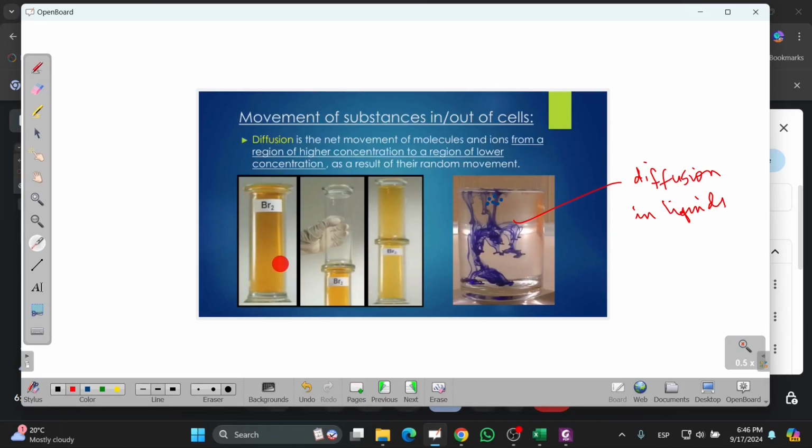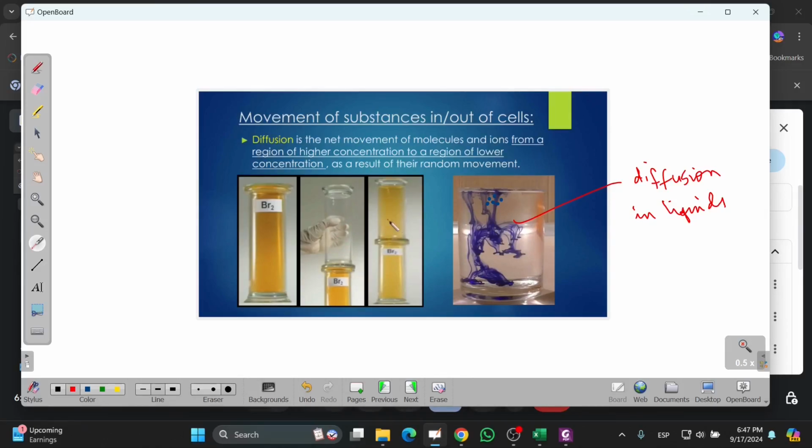If we take a similar container and put it upside down on top of this one, and remove the glass lid, in such a way that the gas can move upwards, we will see this eventually: kind of half of the gas would have diffused upwards from a higher concentration at the bottom into a lower concentration on top.